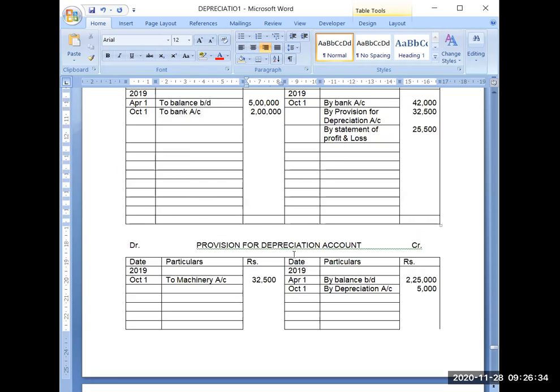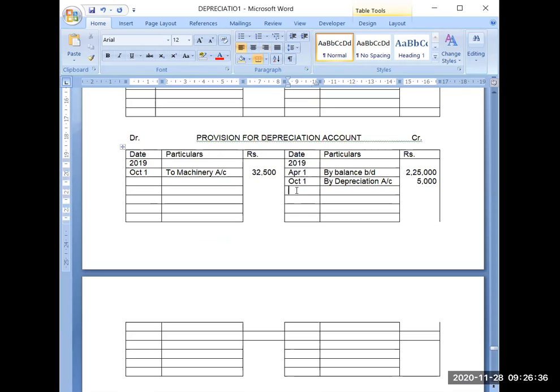Now again we will reach to the March 31st date in 2020 and we will charge its depreciation, March 31 by depreciation account. First machinery we will assume for rupees 4 lakh and the full year depreciation will be 40,000.